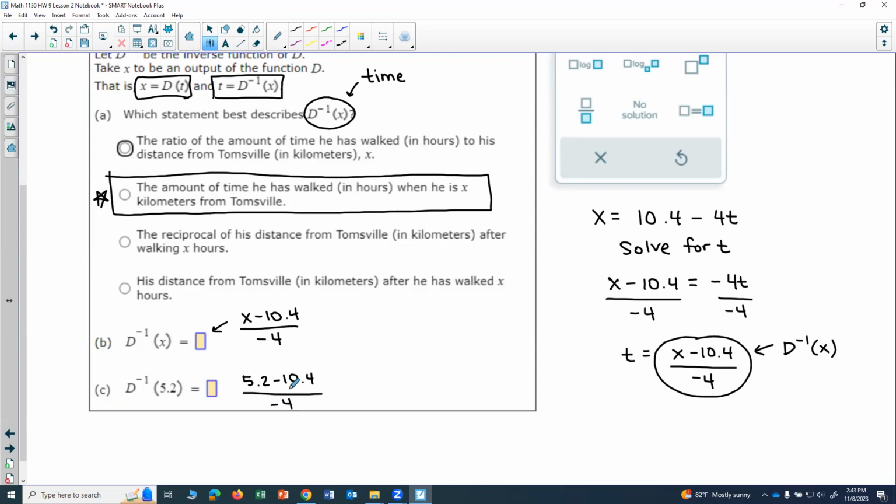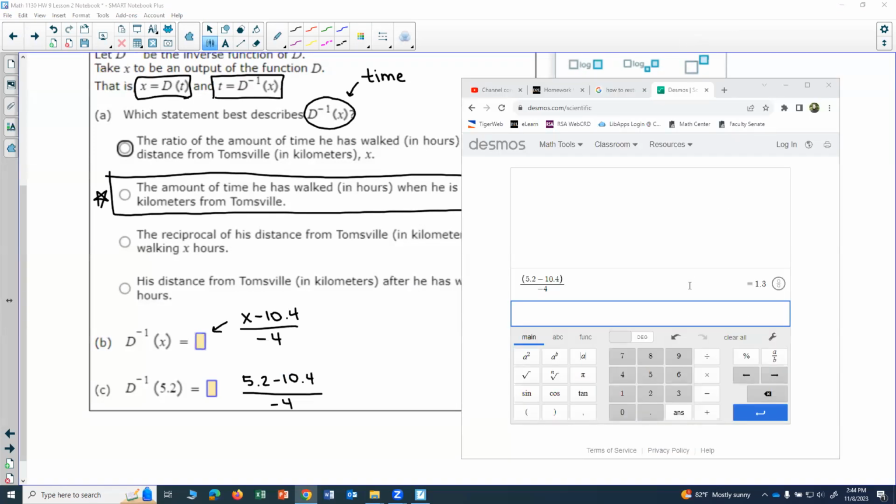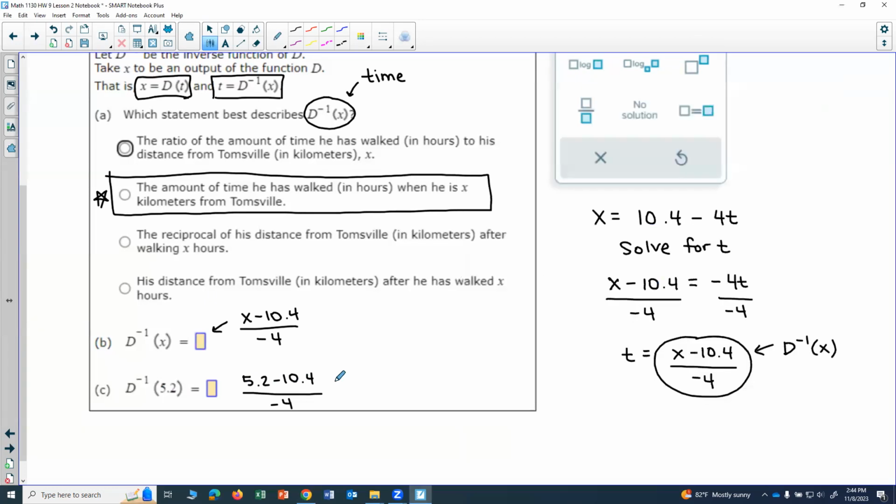And I just have to put that into a calculator. I went ahead and put that into the Desmos calculator and I got 1.3. So my answer for d inverse of 5.2 is going to be 1.3.